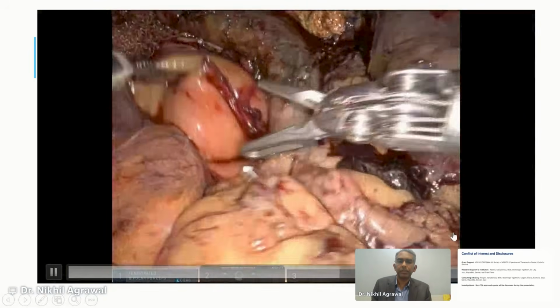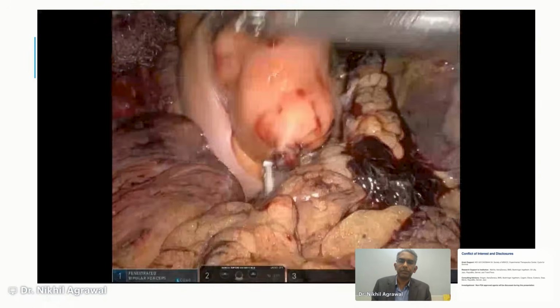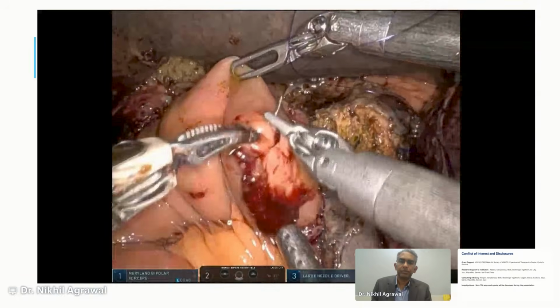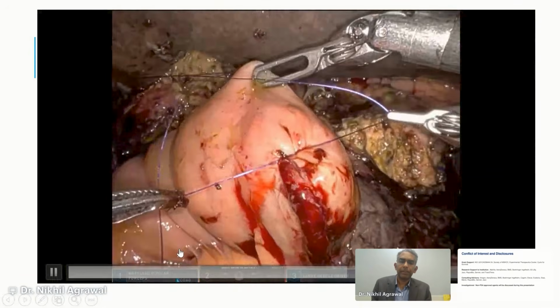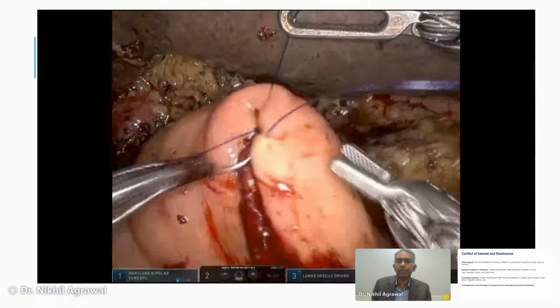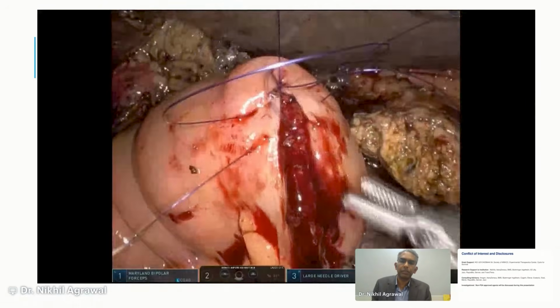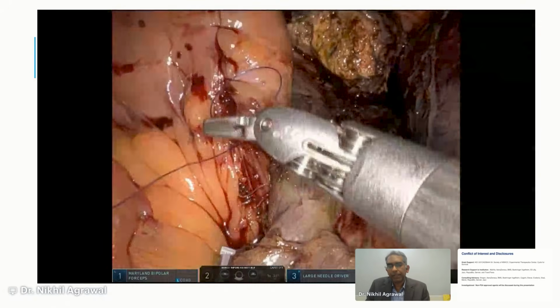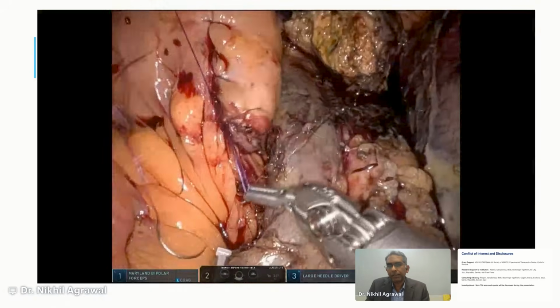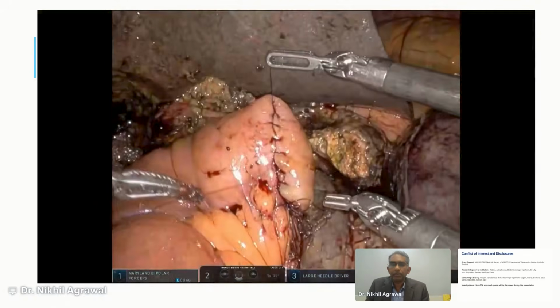Now we have to reconstruct it. So pancreaticoduodenectomy requires a reconstruction of the whole gastrointestinal system. So we have to attach the jejunum to the pancreas, to the bile duct, and to the stomach.